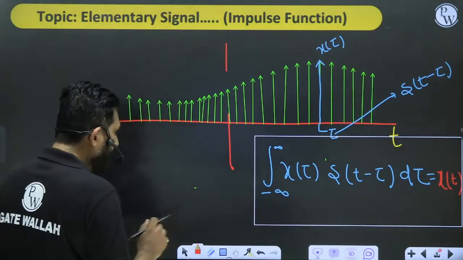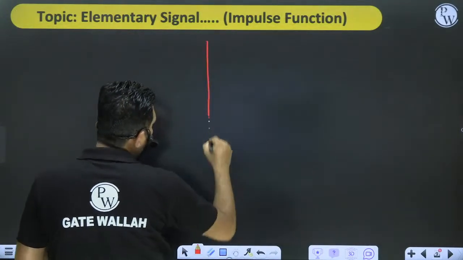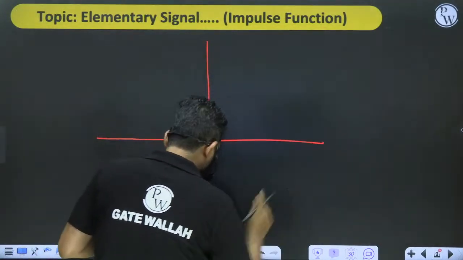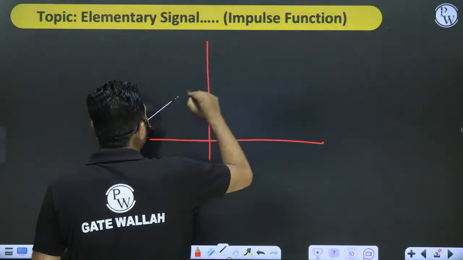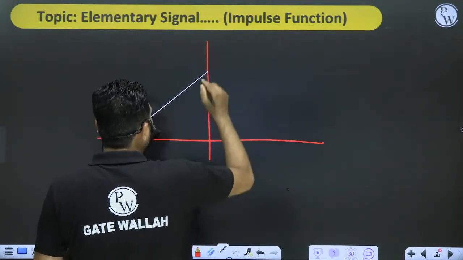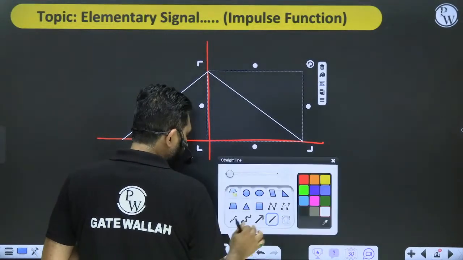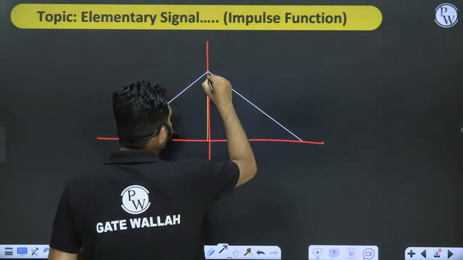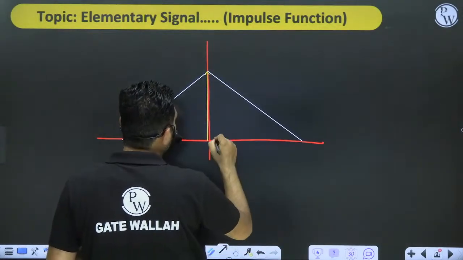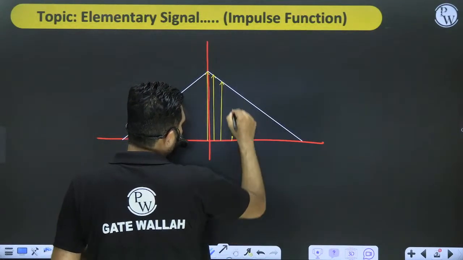For example, suppose I have this function in which I have a triangle. Then a triangle can be approximated by impulses like this, and so on.